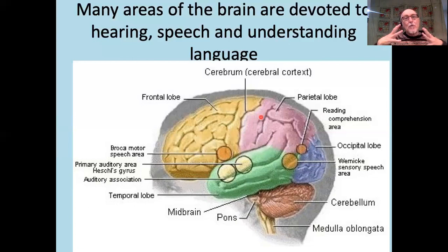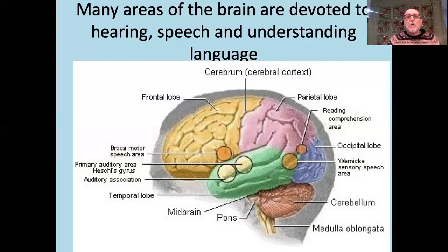And the more areas of your brain you can put information into, the more likely it is that you will remember it. Because when you want to remember something, you have to reconstruct. And you pull information from all sorts of areas of your brain in order to reconstruct a memory. And reading is one of the ways of developing that ability. Not only reading your textbook, but reading in general.